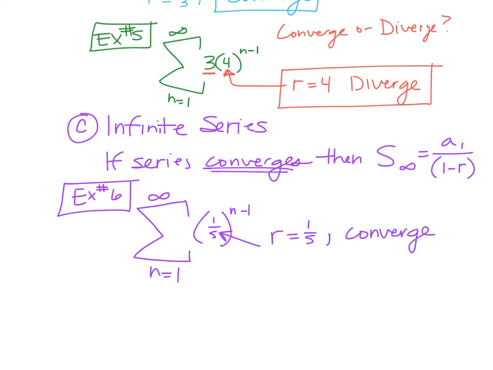Converge is when the number is less than 1, or between -1 and 1. So this will converge, okay? So if we know it's going to converge, then we can use this formula.